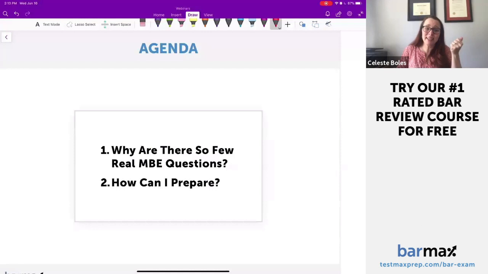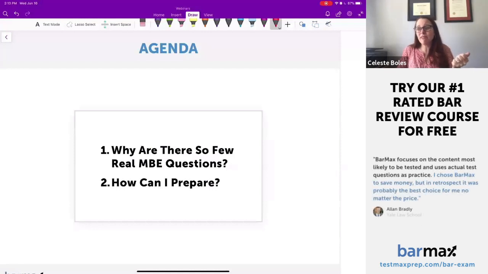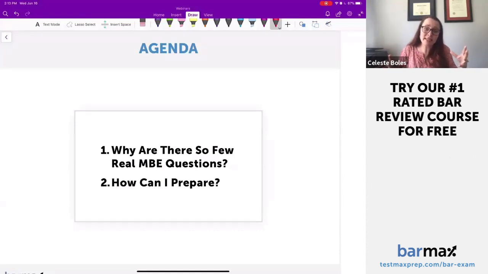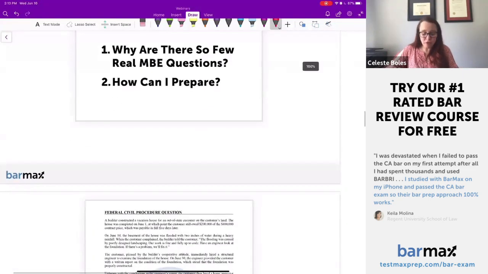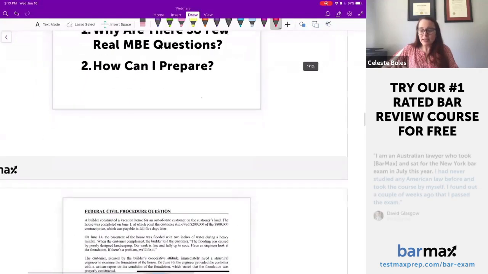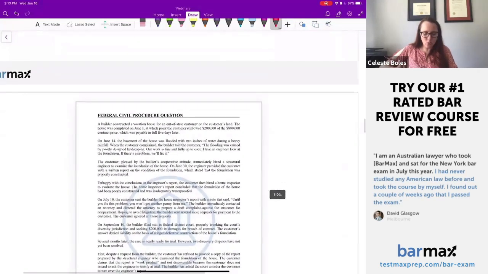That's the second great benefit you have. Our outline, the BarMax outline, covers all of the material that NCBE says it might test and that we've seen tested. And third, what we will focus on today is using past essay questions.